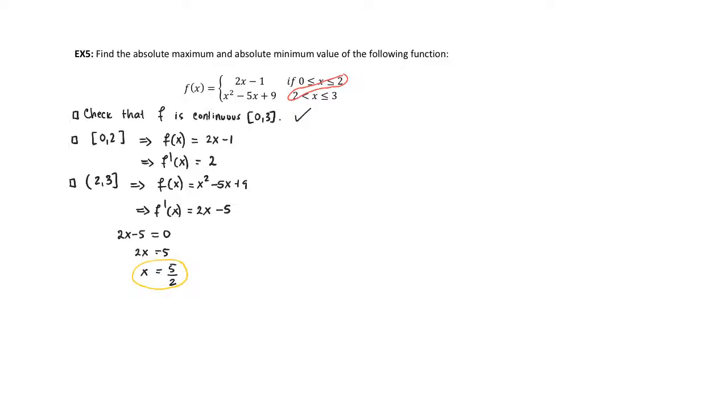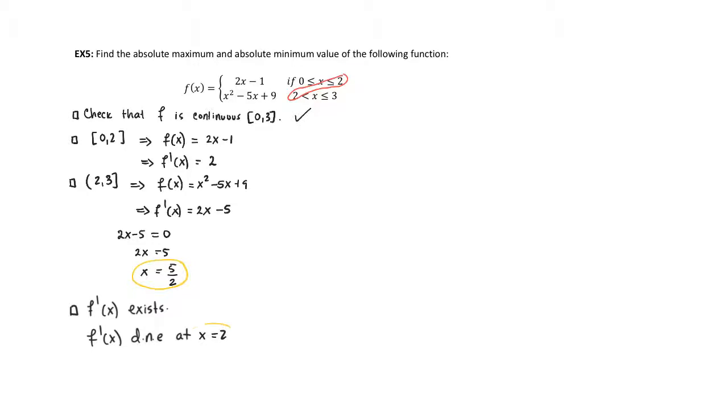So I'm going to make a note over here that you will check whether f prime of x exists. And it turns out actually that f prime of x does not exist at x equals 2. So then that tells me immediately that 2 is a critical point.